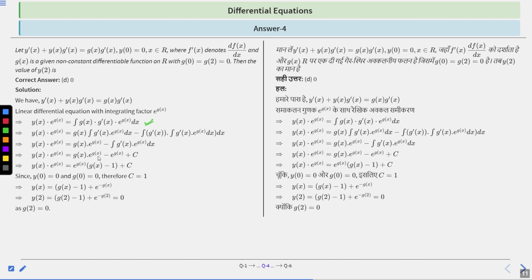Therefore, y(x) e^g(x) is equal to g(x) e^g(x) minus integration of g'(x) e^g(x) dx.